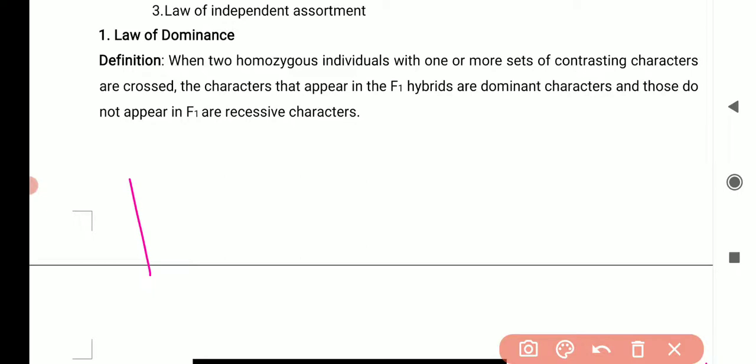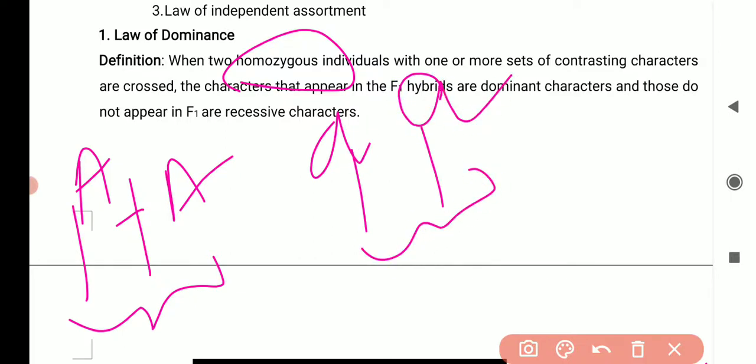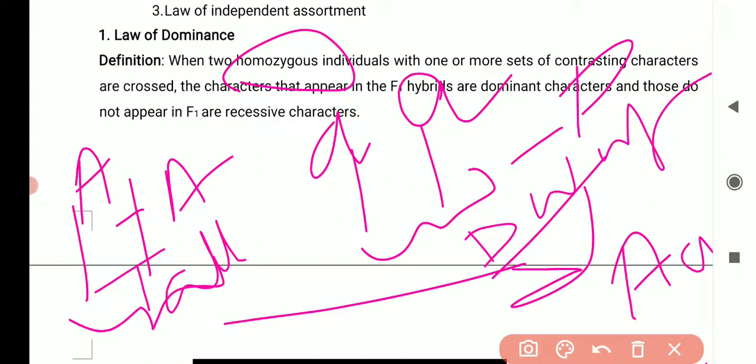When one homozygous individual is crossed with another homozygous individual, so these are the parents, the characters that appear after crossing are, if this one is for, let's say, tall, and this one is for dwarf, the phenotype that appears in the F1 generation is that of the dominant one.